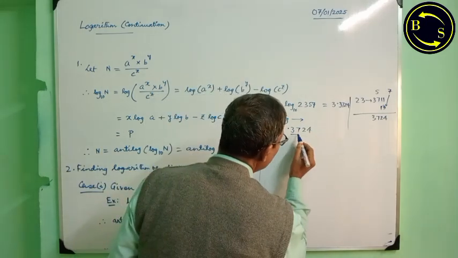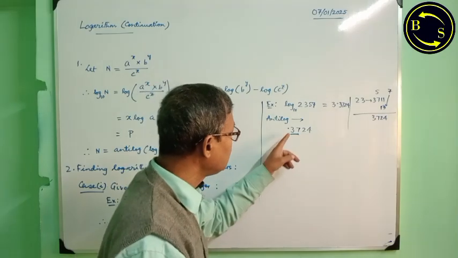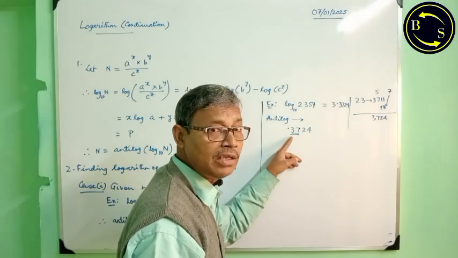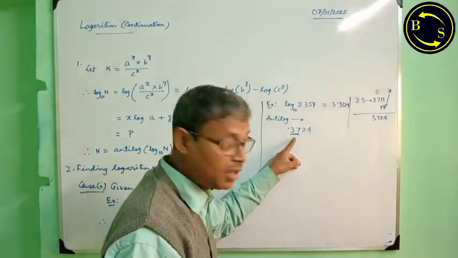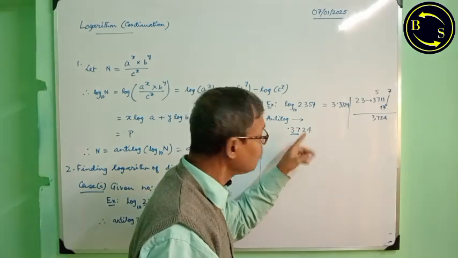First we go to the row headed by 0.37 in the antilog table. Then 2 is there, we follow that column.